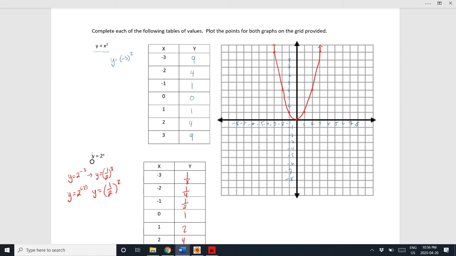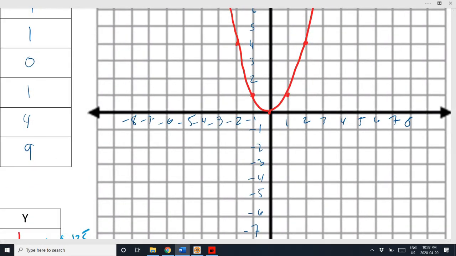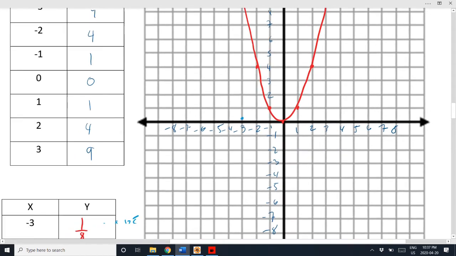So 1 divided by 8, if you turn this to a decimal, is going to be equal to 0.125. And so we would imagine where that would be. Let's zoom in here. It'd be negative 3 and positive 0.125, so it's going to be right over here. Very difficult to draw because it's such a small number.